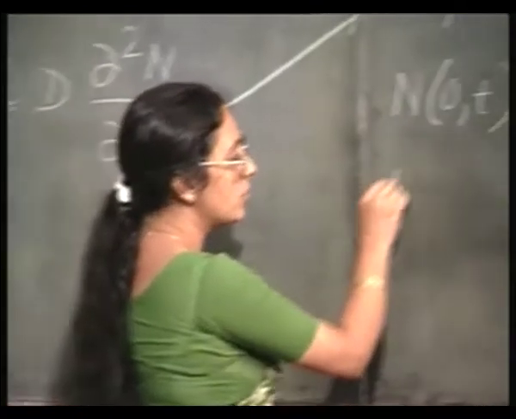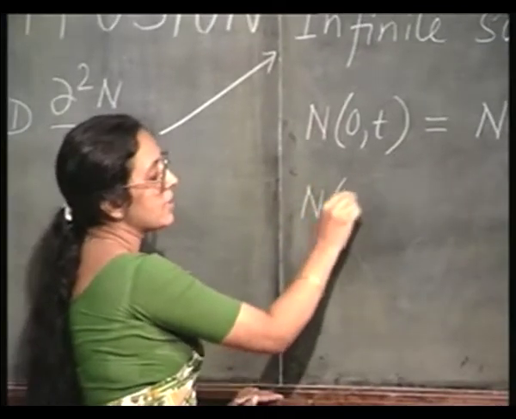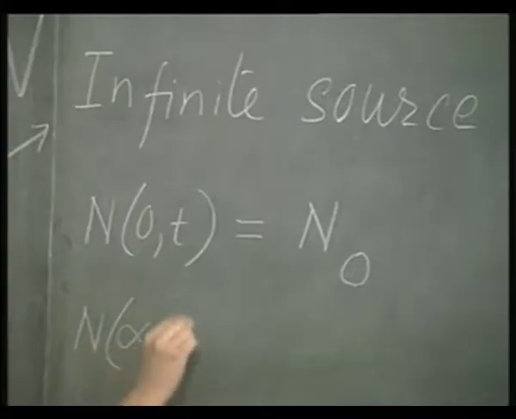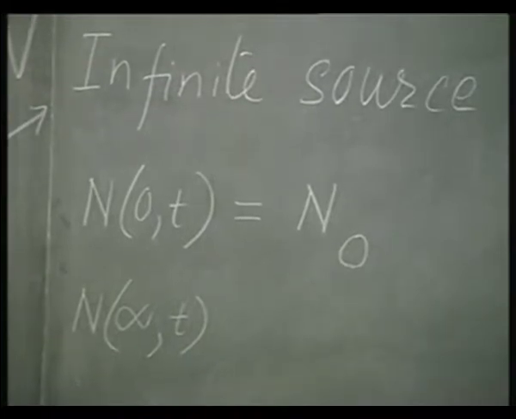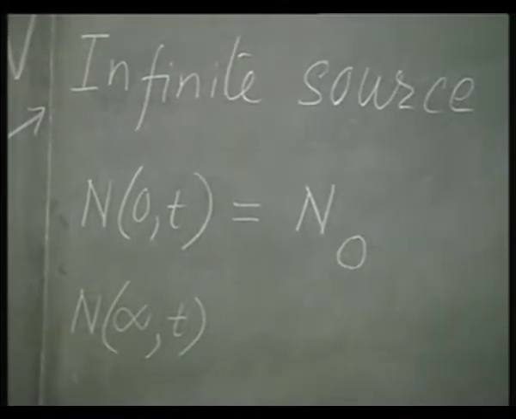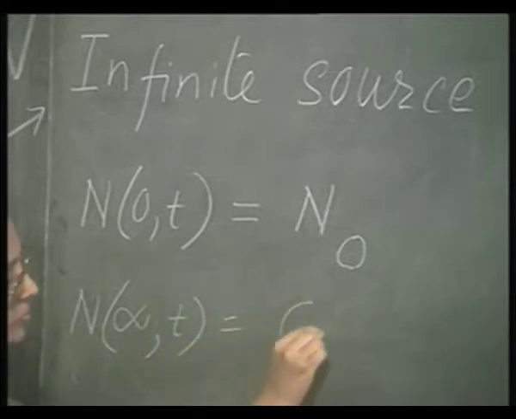What is the other boundary condition? That is, at an infinite distance from the source, the doping concentration is going to fall to 0. So, this is my other boundary condition.